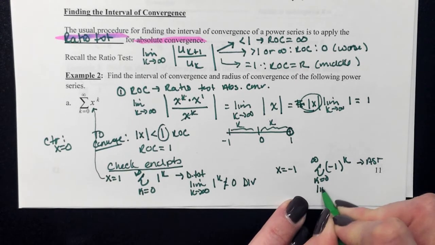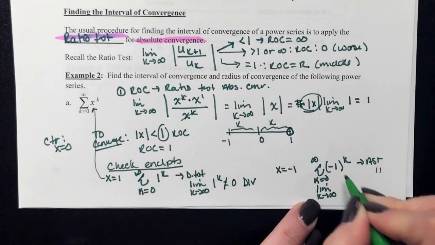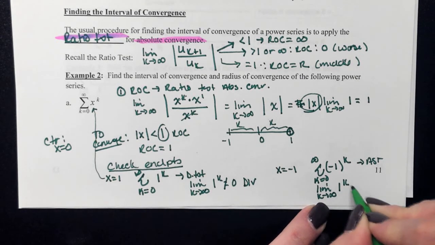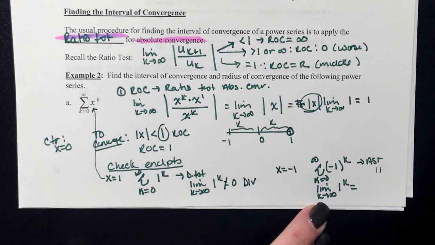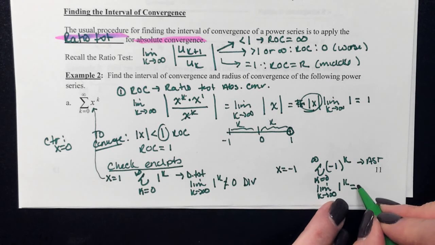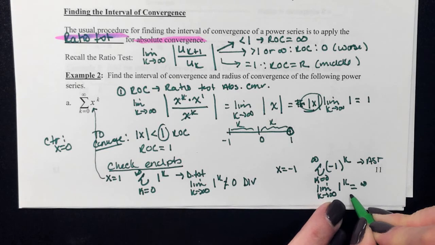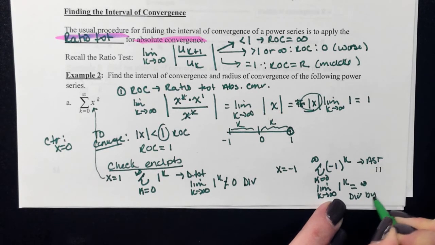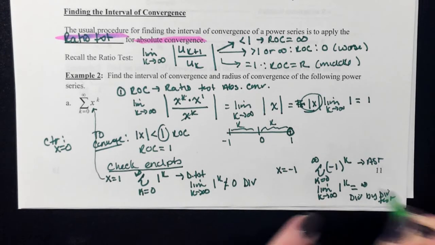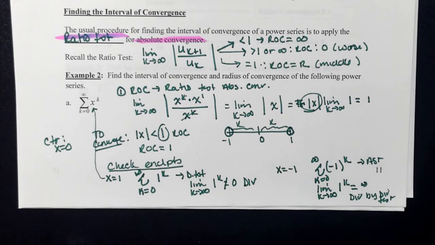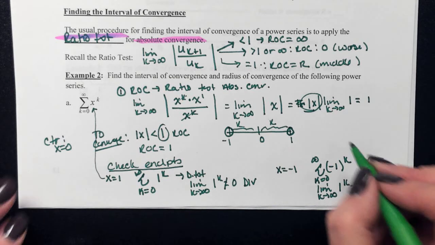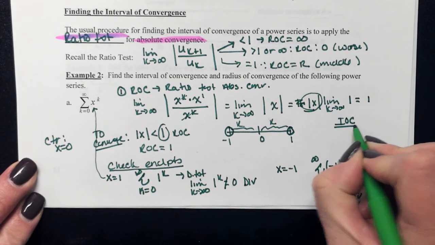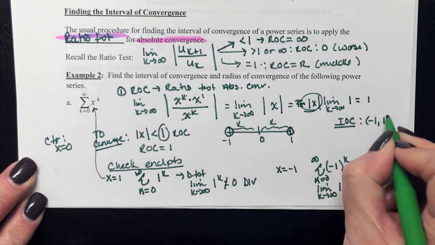We can find the limit as k goes to infinity. Remember, you drop the alternator, so that's going to be 1 to the k. It's not going to pass the alternating series test because the limit is 1, so it is going to diverge by the divergence test. So we're not going to include -1 either. Then my interval of convergence is going to go from -1 to 1.